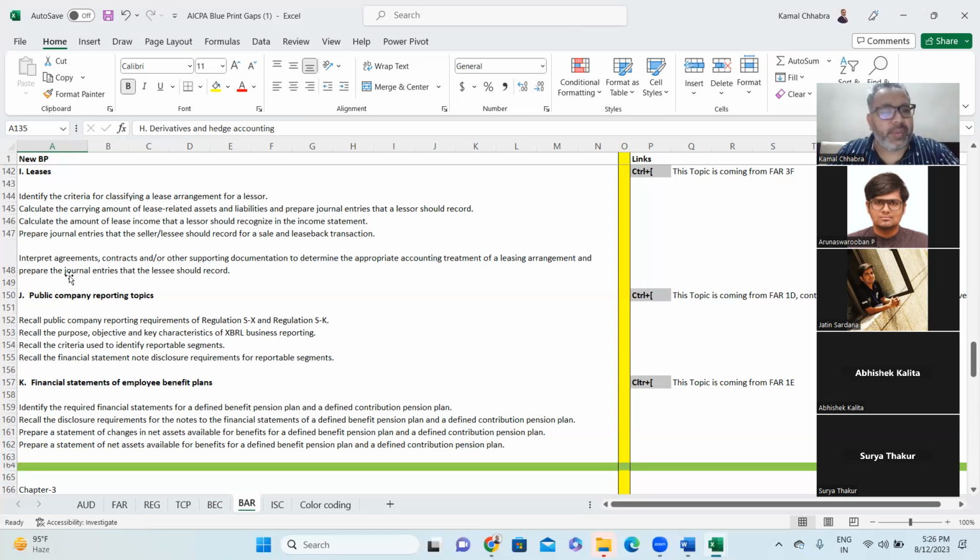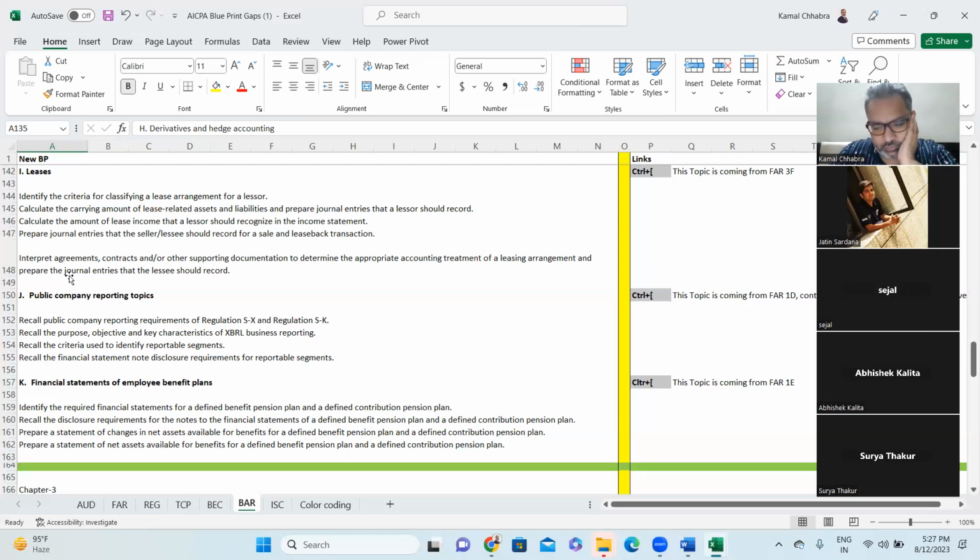And then public company reporting. Have you heard of 10K? It is the annual filing of issuers to the SEC. Have you heard the term SEC?